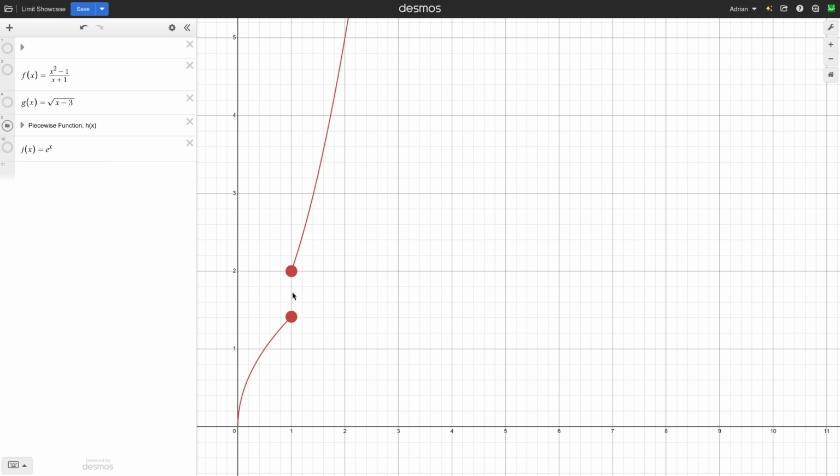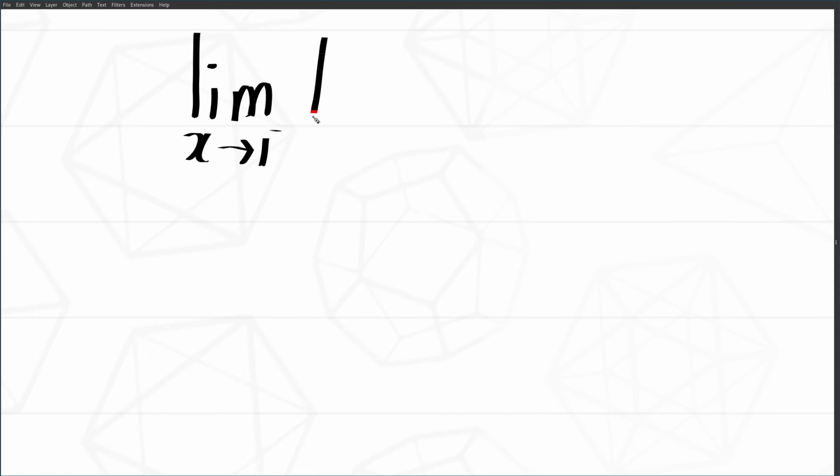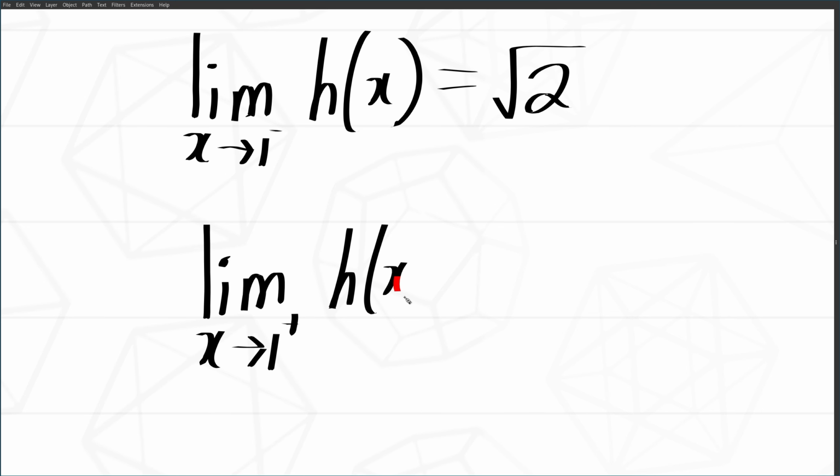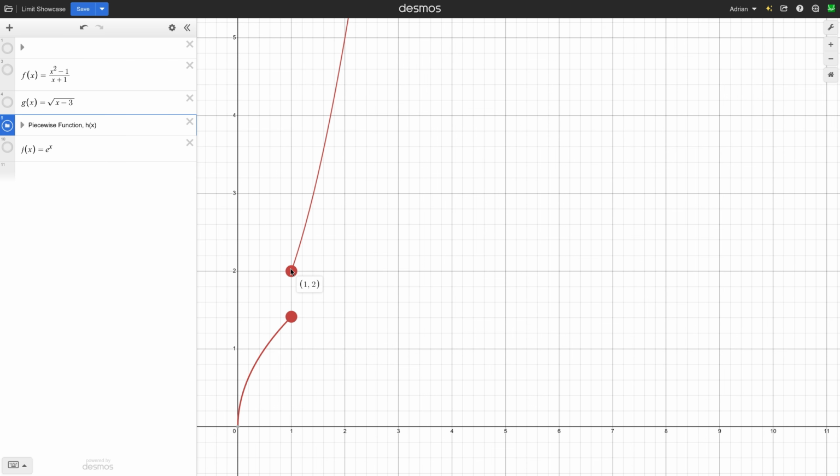So the limit as x approaches 1 from the left side of h of x is going to be equal to the square root of 2, the 1.41 part. Okay, and now for the right side, the limit as x approaches 1 from the right of h of x, that's going to be equal to, let's say, 2.